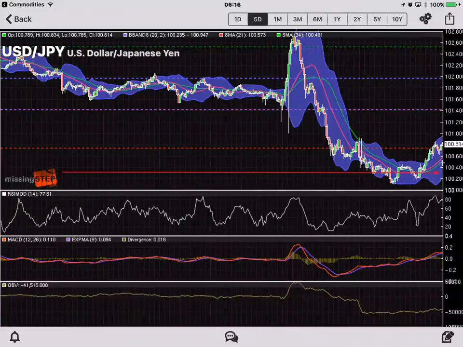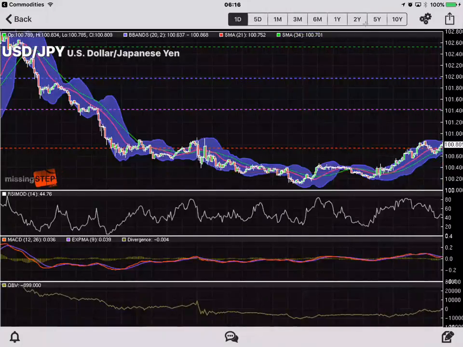Okay, moving averages support. For right now, next move would be 101.40, which would be an interesting run here. That'd be another 80. And there you can see the levels.